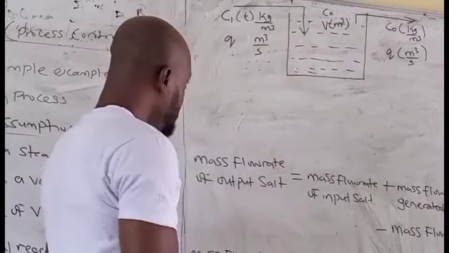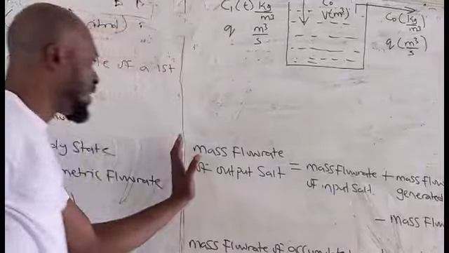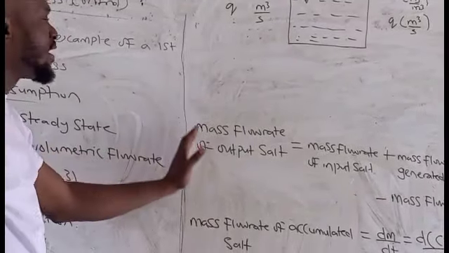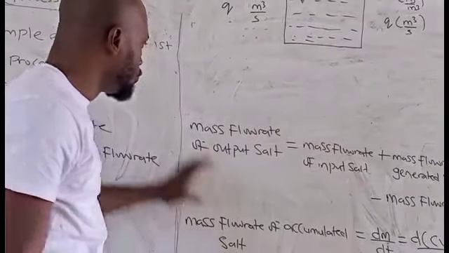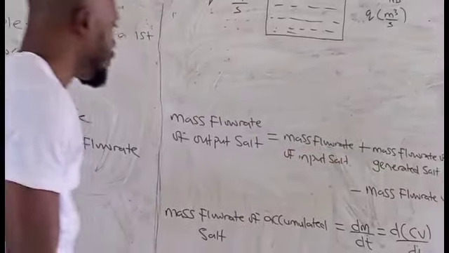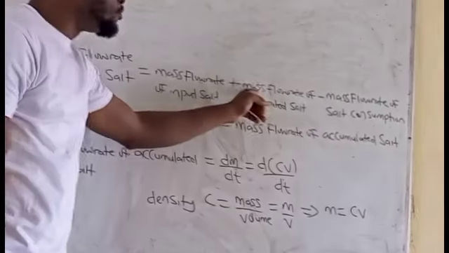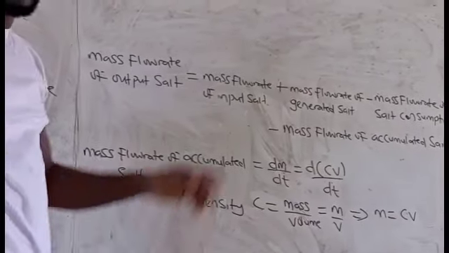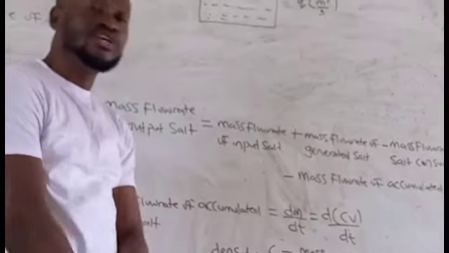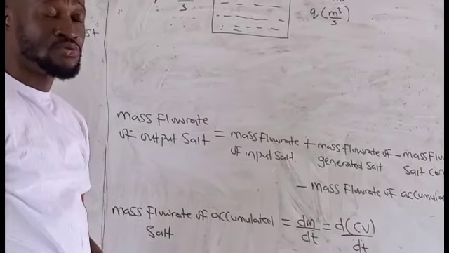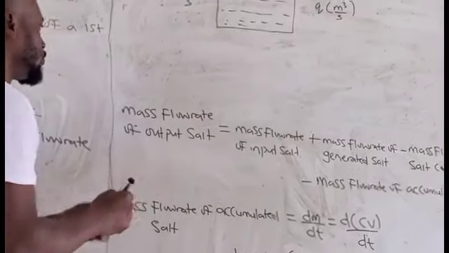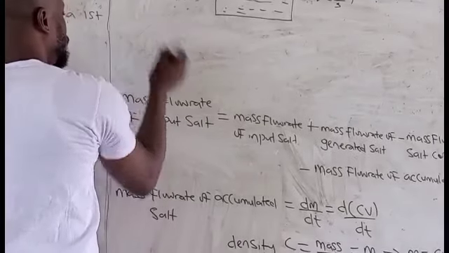So now from here, looking at the general energy conservation equation, you have this. Since no chemical reaction is involved, both the mass flow rate of the generated salt and the mass flow rate of the salt consumption become zero. So once they are zero, you are going to have the equation in this form.